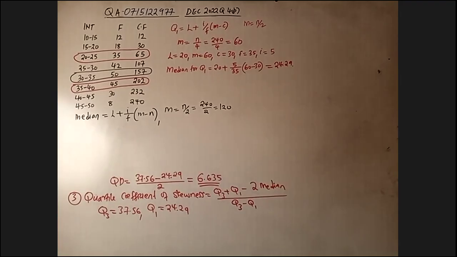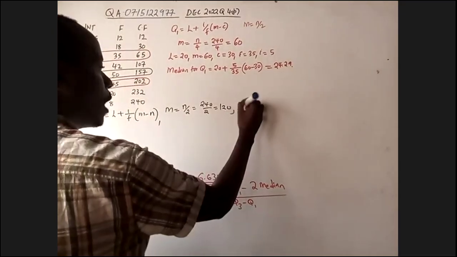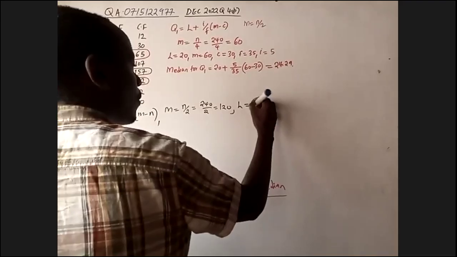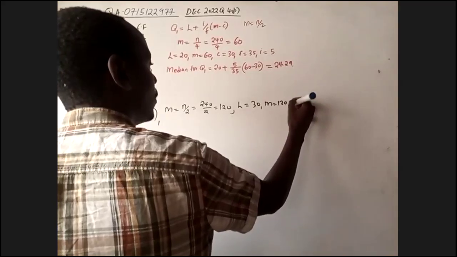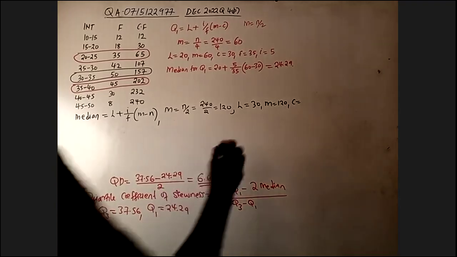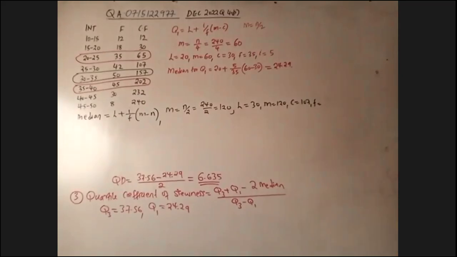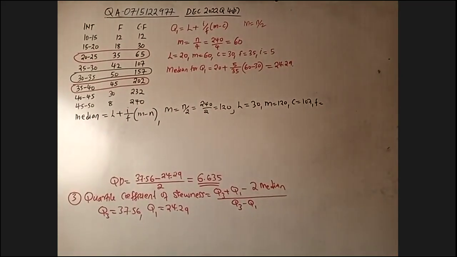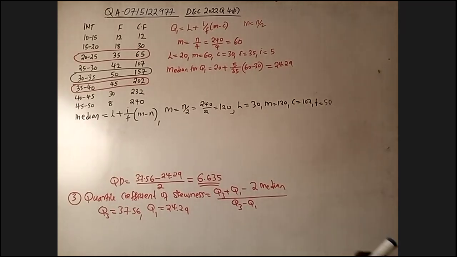It lies at cumulative frequency 157, so what will be our L? 30. Our F is 50. Our M is 120. Our C is 107.